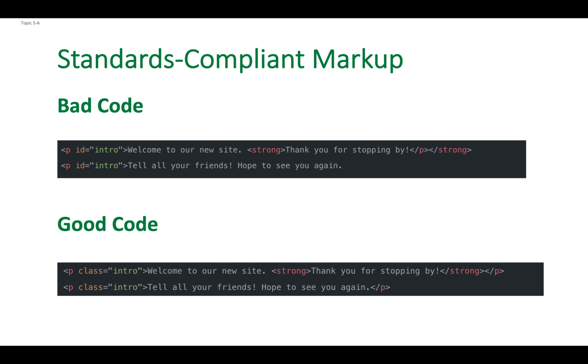So let's go over a couple examples. So here's an example of bad code. See if you can figure out what's wrong with it. So my first thing is to look at the open tag, find the close tag. It's right here. But then look here, the open tag for strong isn't closed till after the paragraph.